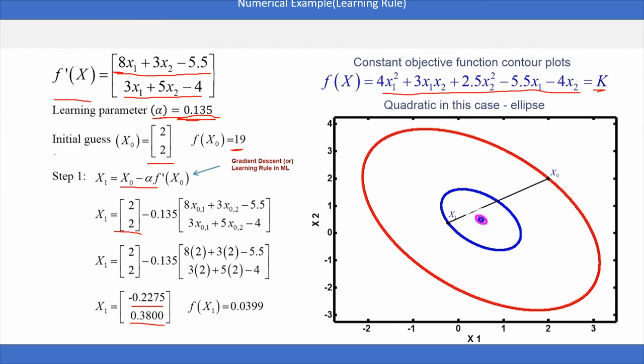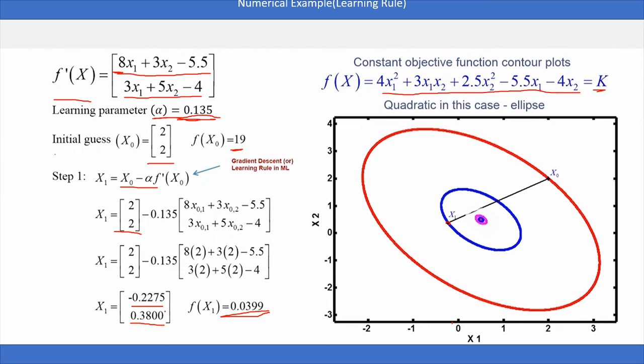After that, if I simplify it, I'll get f of x1 equal to 0.399. If I draw this line here, minus 0.2 somewhere here and 0.38 in the x2 value somewhere here, I'll get this 0.039. Now I'm going to compare this with whether it is equal to 0, 0, else I'm going to repeat the process again.